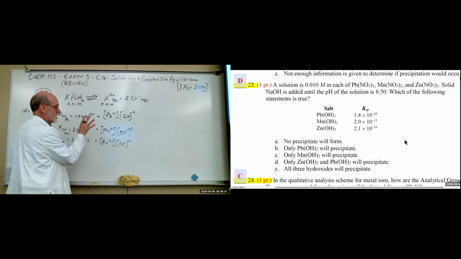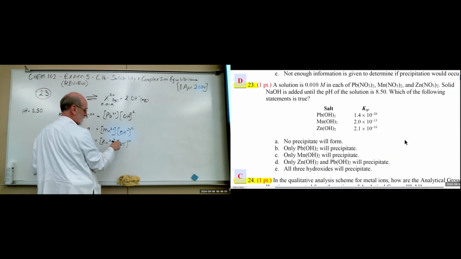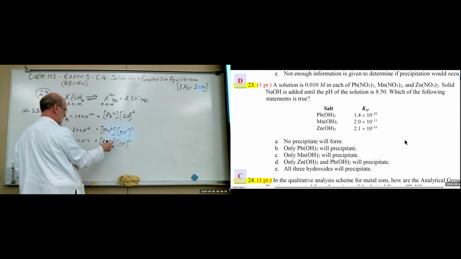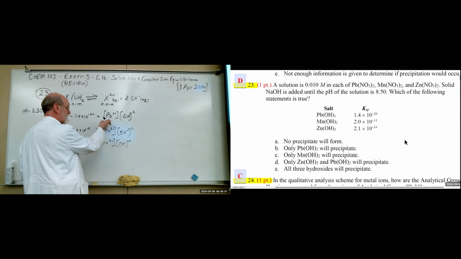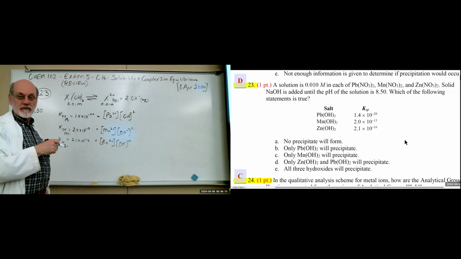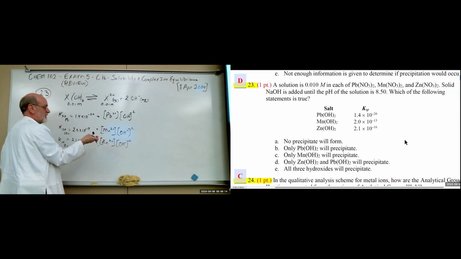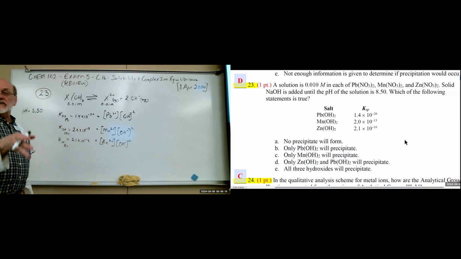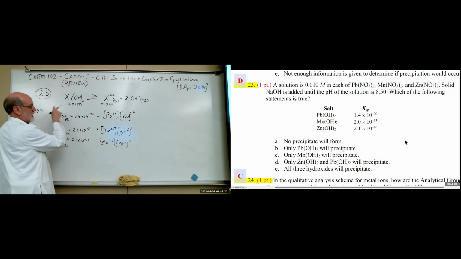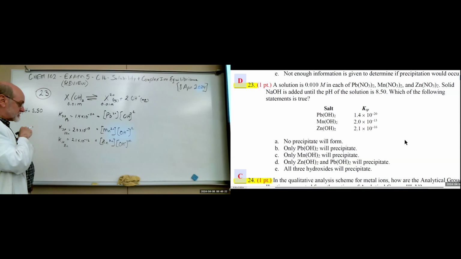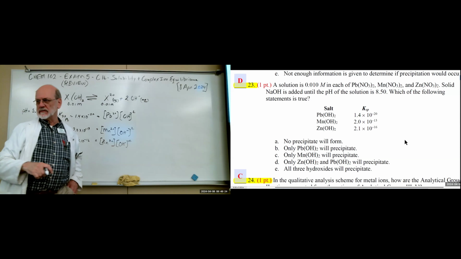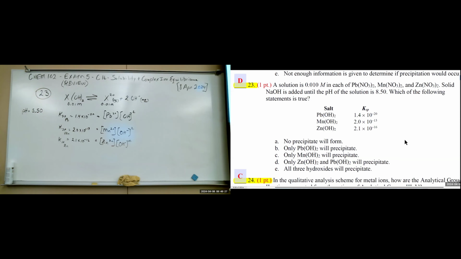If we know this concentration and we know this value, we can calculate the values of lead, manganese, and zinc that it would take to precipitate, and then we can compare it to the actual value. Okay, so how do we get the hydroxyl concentration? No ideas.